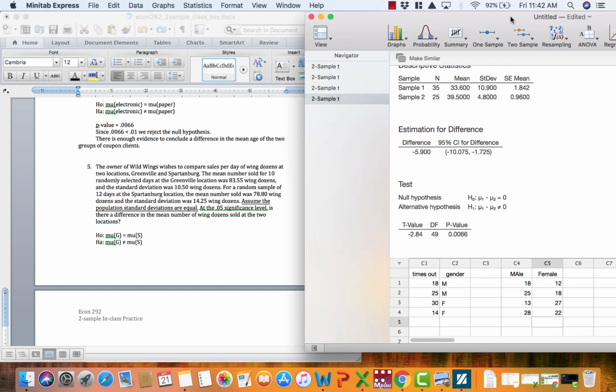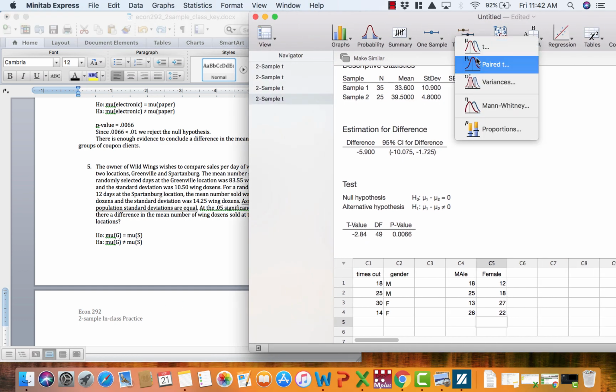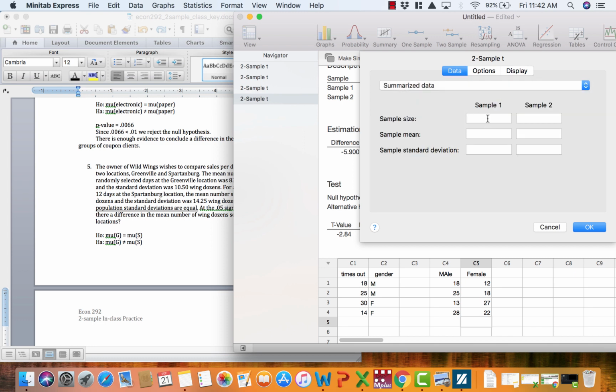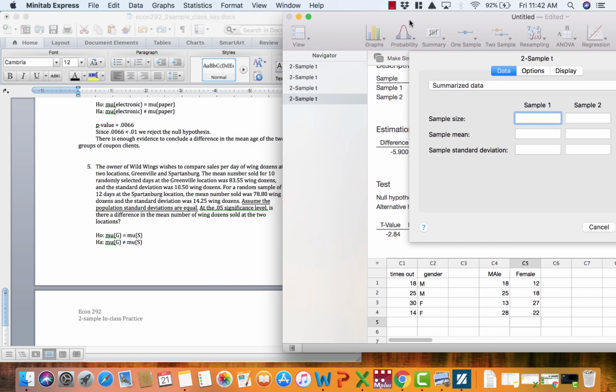So we can go over here to Minitab to 2 sample T, summarized data. We read Greenville first. There are 10 days, 83.55 and 10.5. Spartanburg had 12 days, 78.8 and 14.25.